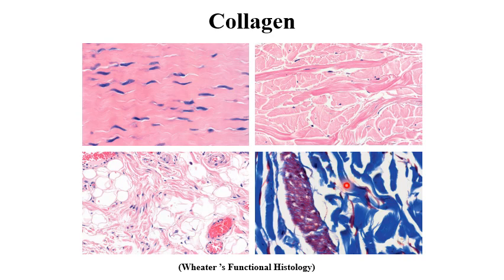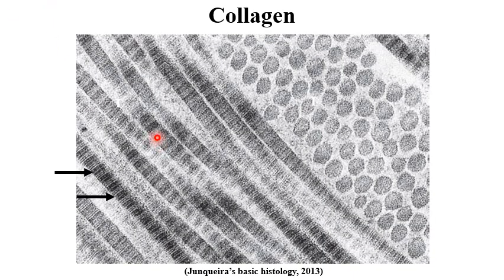Here, this section was stained with a trichrome stain to demonstrate collagen fiber, and they stain blue with this stain. Here is the typical appearance of type 1 collagen fibrils by electron microscopy. These fibrils were cut transversely, while those were cut longitudinally.